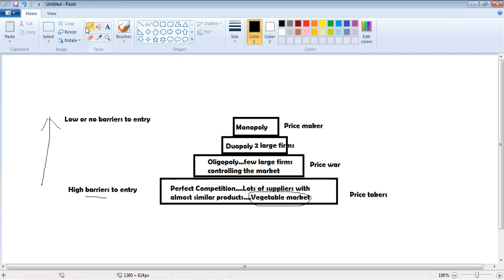Sorry, I made a mistake here. It's just reverse. Here it is low barriers to entry. Let me write it down. Low barriers to entry. And here it is high barriers to entry.